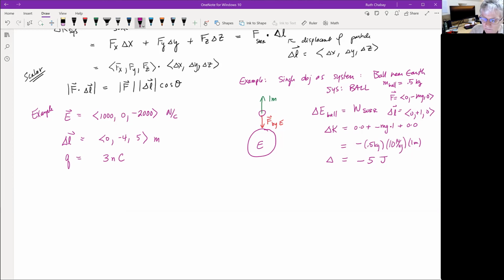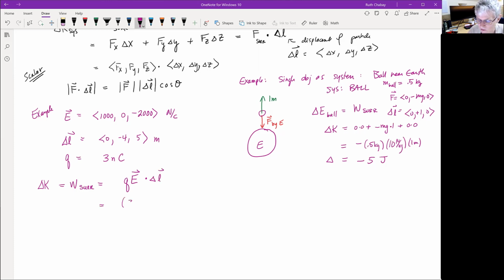And so the change in kinetic energy of our charged particle here would be the work done by the surroundings. And that would, of course, be the force, which is now Q of the system times E of the surroundings, dot product with the displacement.